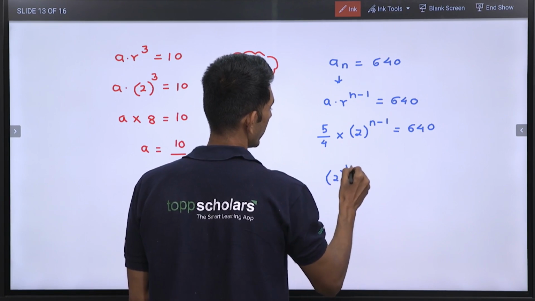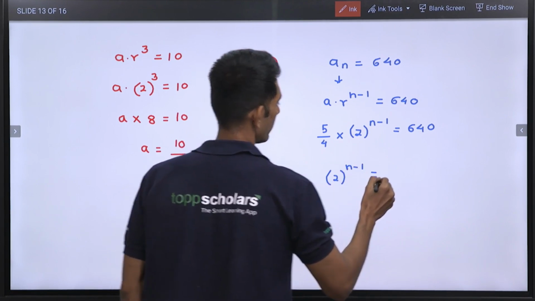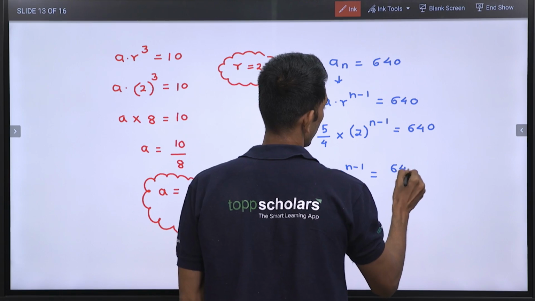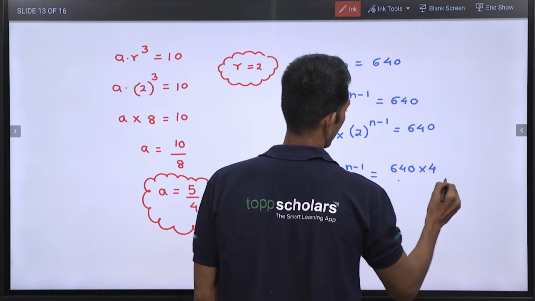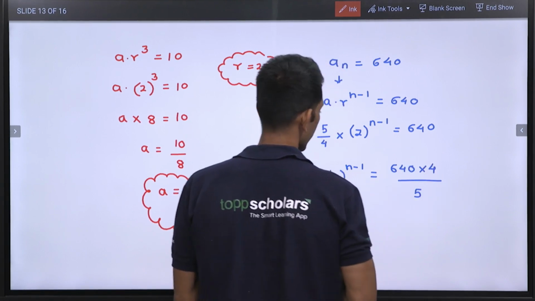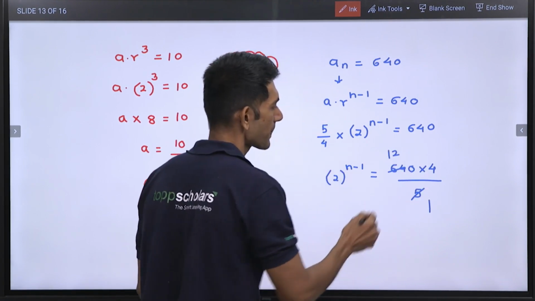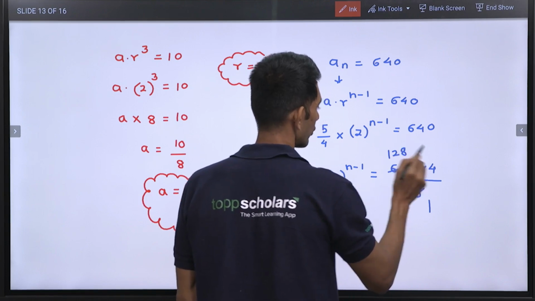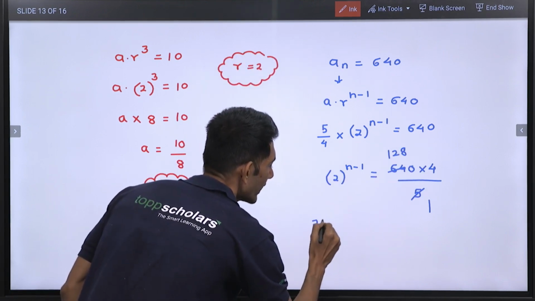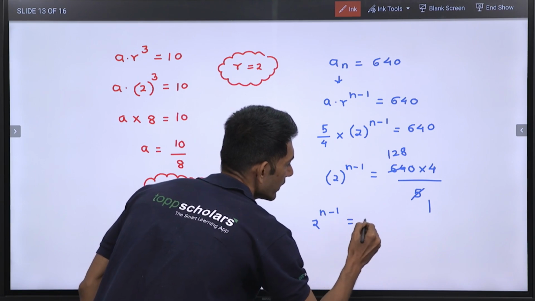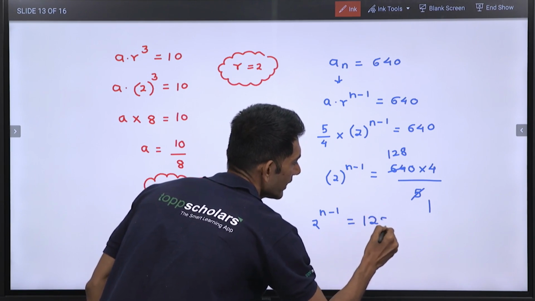So 2 raised to n minus 1 is equal to 640 into 4 divided by 5. So 5 ones are 5, 5 twos are 10, 5 twelves are 60. And this becomes 8. So 128. So 2 raised to n minus 1 is equal to 128, right?